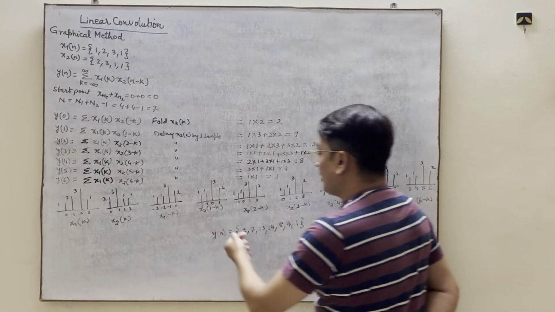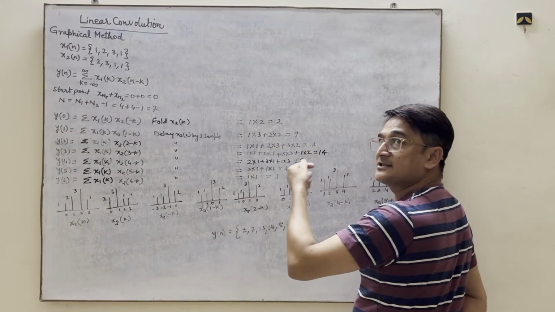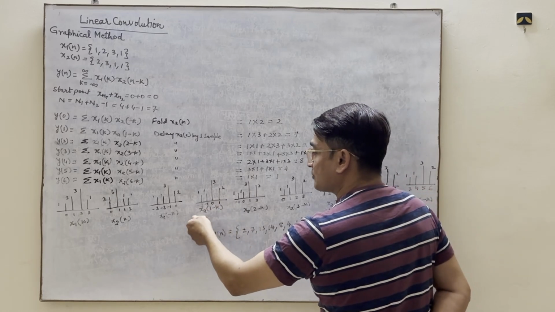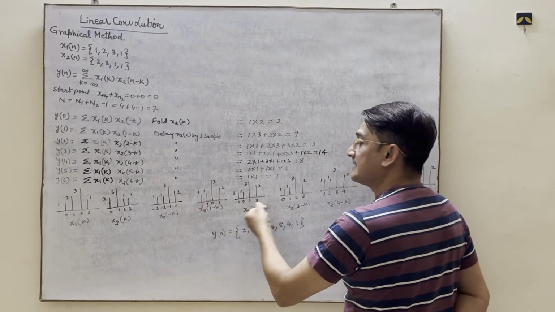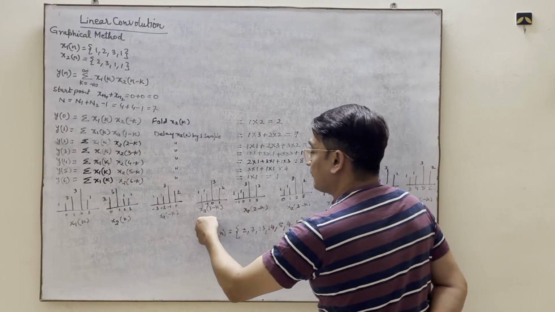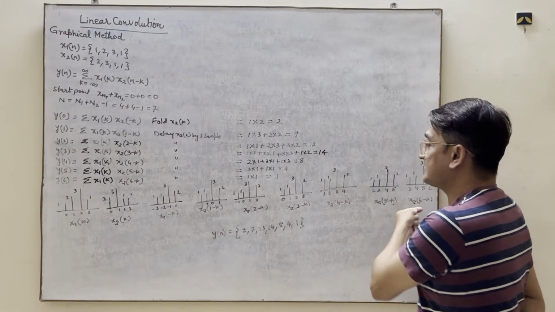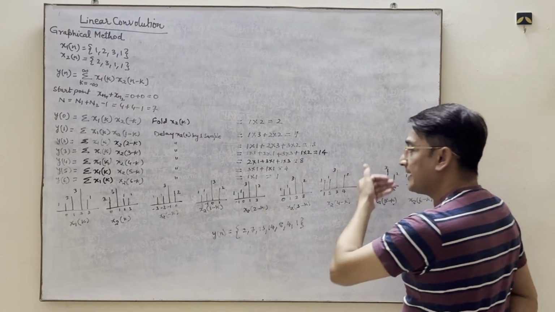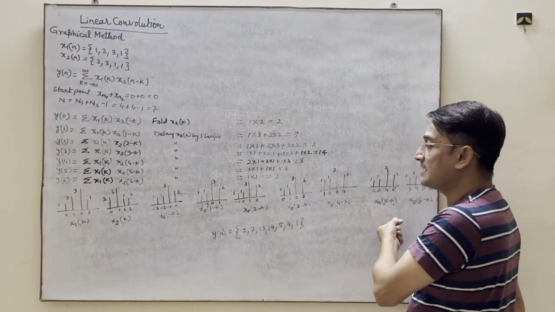So this way what I have done is, you can see I have displaced my value of x2 of minus k with one sample towards the right side in each value. x2 of 1 minus k, x2 of 2 minus k, 3 minus k, 4 minus k, 5 minus k and 6 minus k. So I have shifted all the values by one sample in the x-axis towards the right side.